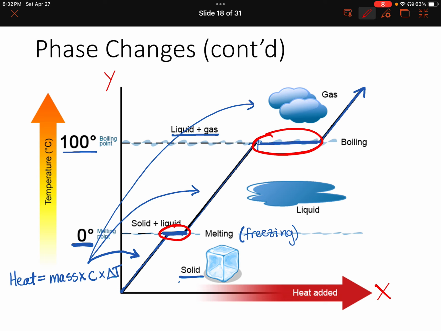So if we want to figure out how much heat is transferred during the melting point and the boiling point, we have to use different equations. All right, so let's figure out what those equations are.